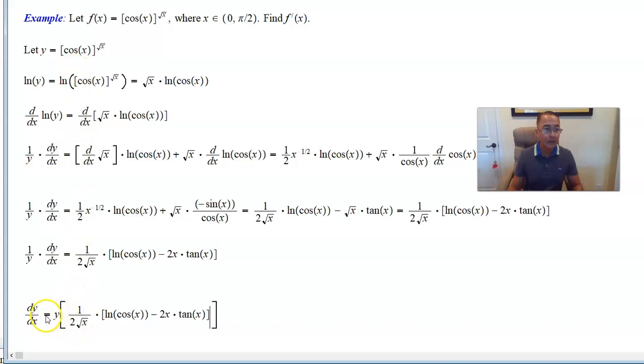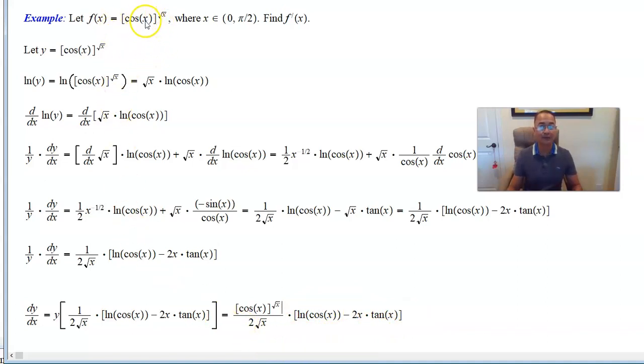So we can write down our final answer. This is all 3 products, y times this times this. So we don't really need that big bracket. And that y we will replace by our original function, and it can go in our numerator. All right, there we go. So that is the final derivative of this function.